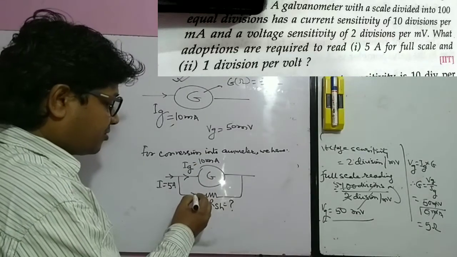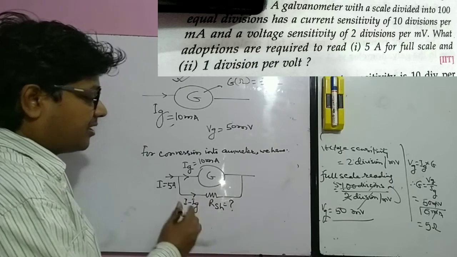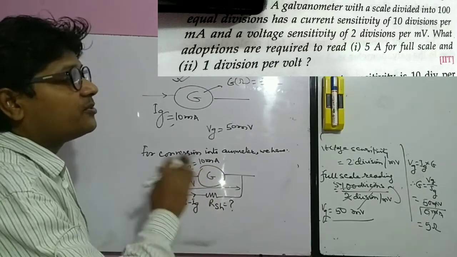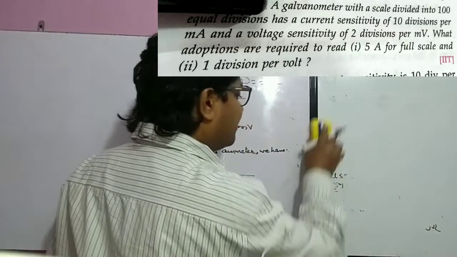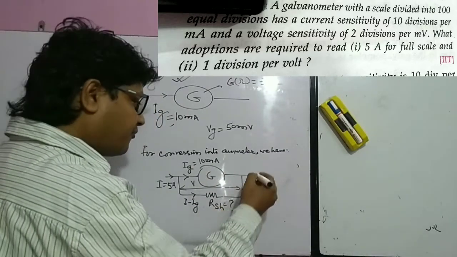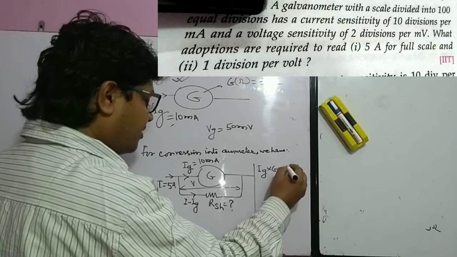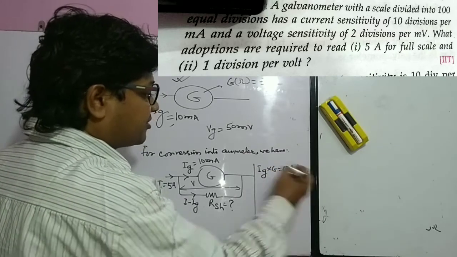What we can write here, this is the current, it means I minus Ig, and because these two are connected in parallel, voltage will be same, just mind it, right? So if voltage will be same, we can write Ig into G will be equal to I minus Ig into RSH.